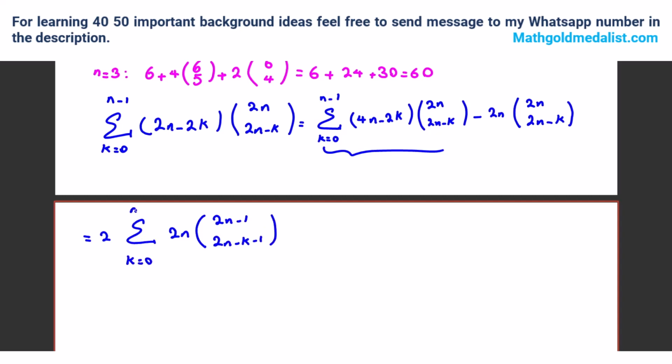Sigma k from 0 to n minus 1, minus 2n sigma k from 0 to n minus 1 of 2n choose 2n minus k, right?